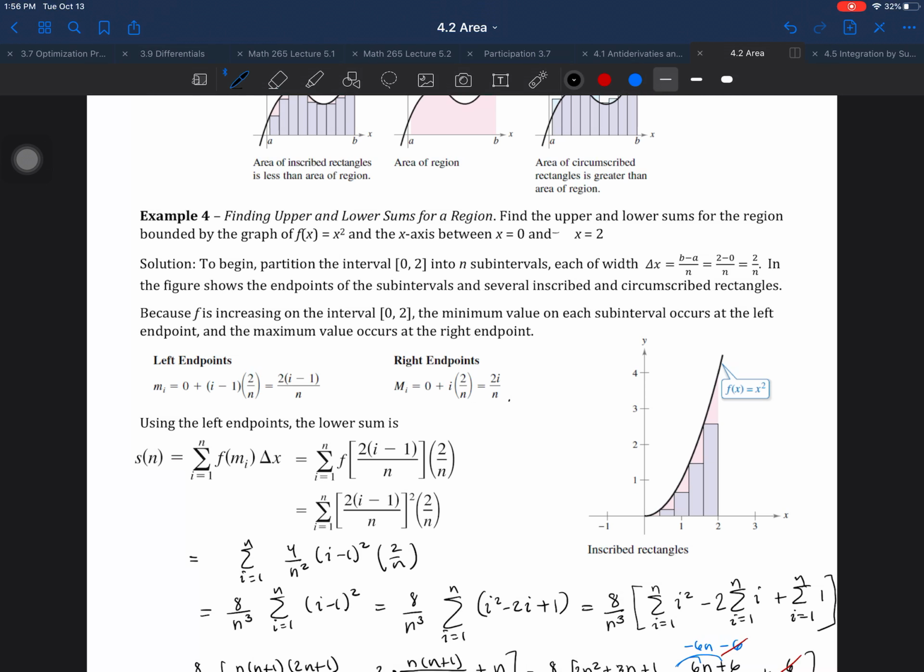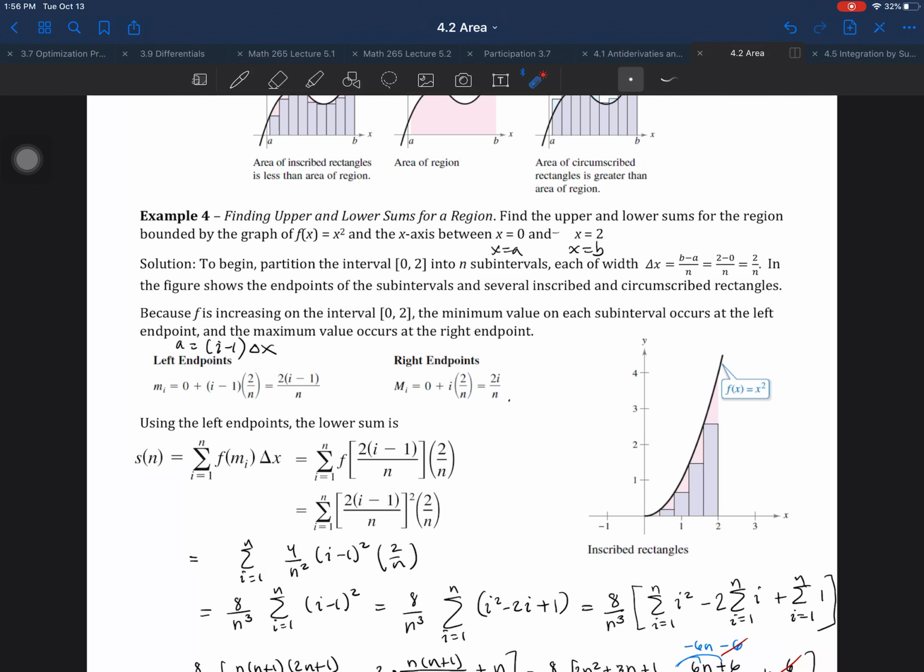So the lower will be, using the formula, a plus i minus 1 times delta x. Our first thing is to find delta x. So delta x is going to be, by looking at the endpoints, 2 minus 0. This is your a, and this is your b. They're always going to be your a and b.